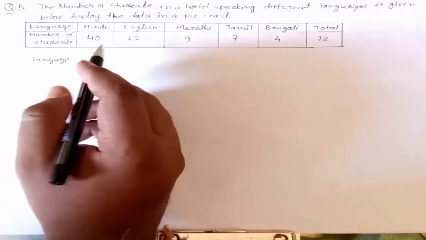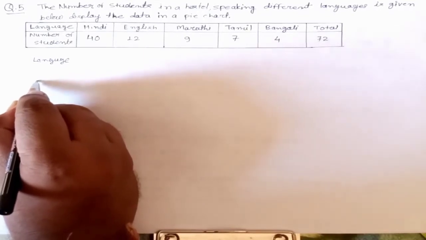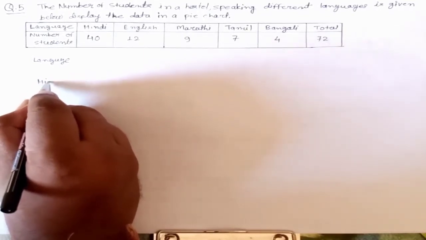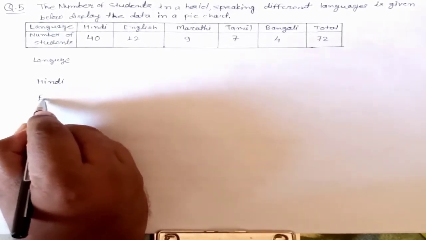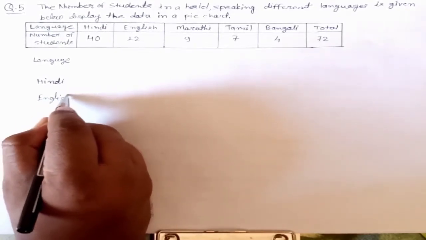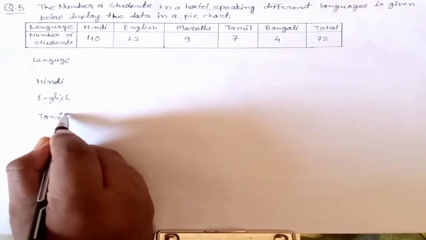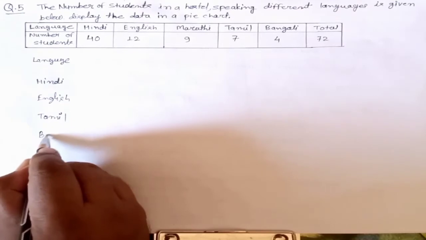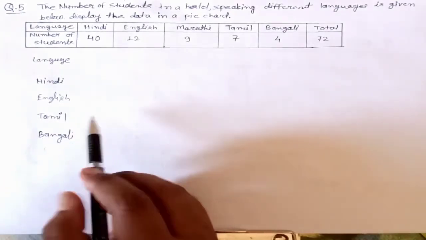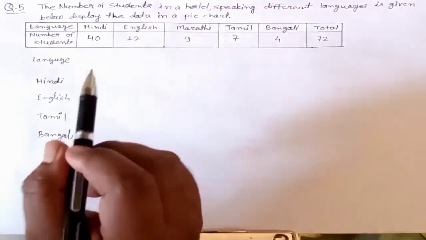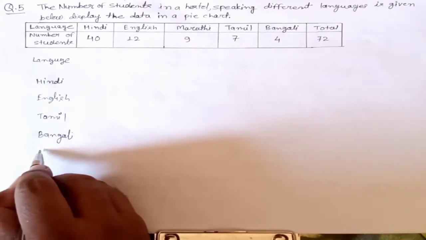What the language? We have 1, 2, 3, 4 and 5 languages. So the languages should be Hindi, English, Tamil, Bengali, right? And wait, I left Marathi, so you just put it here, Marathi.